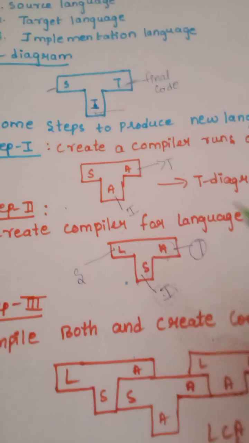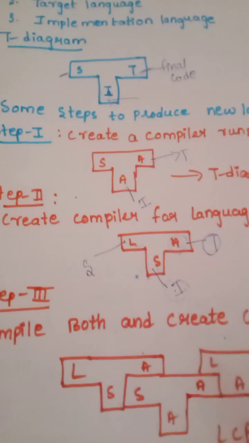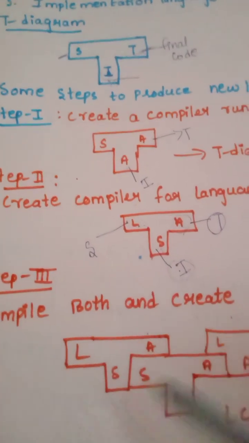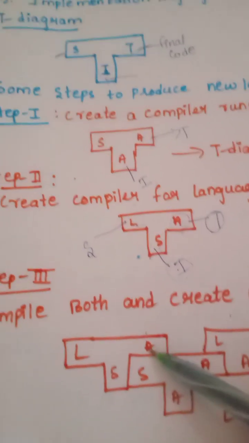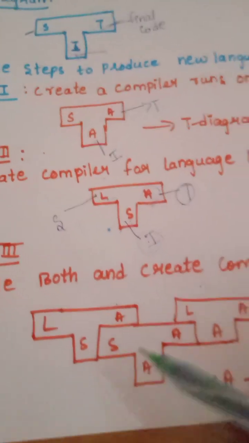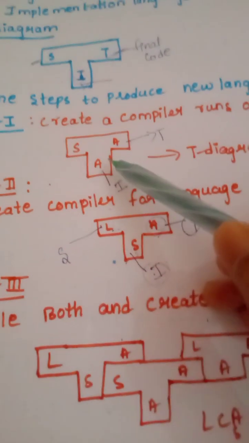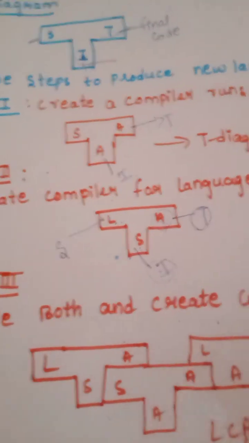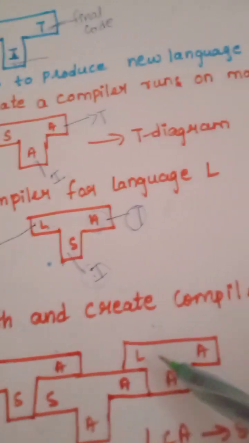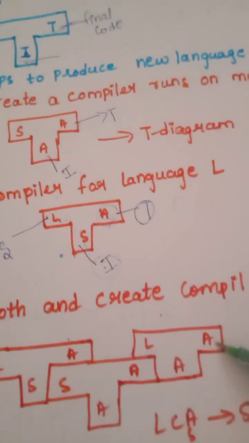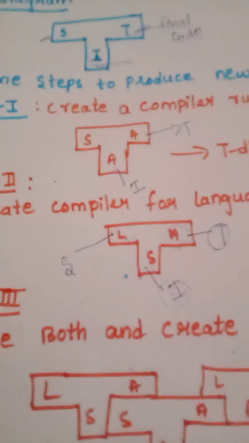After combining both, you create the compiler for language L. I have taken the language and source code, and this is on machine A. Both were running on machine A, and I have taken the first step's result on machine A, and we combine it with the compiler created for language L, which is also on machine A.